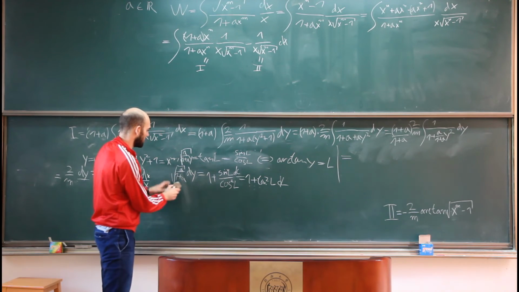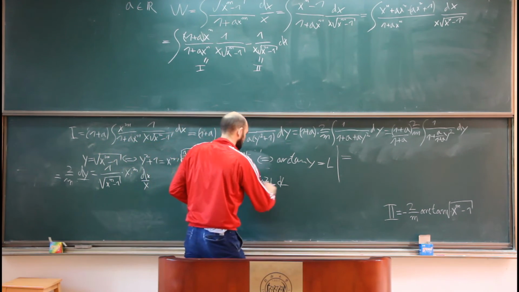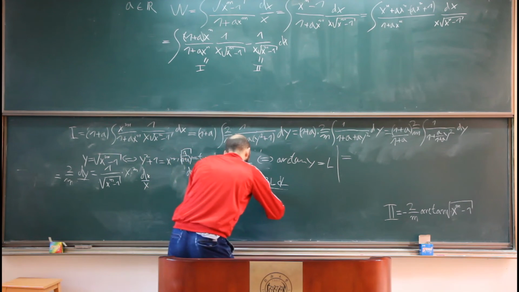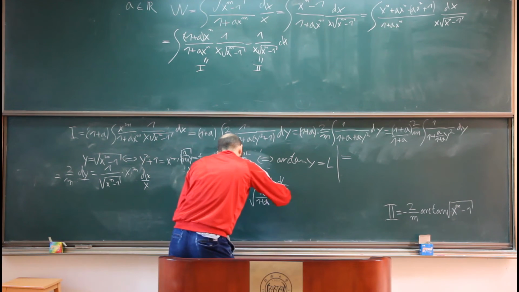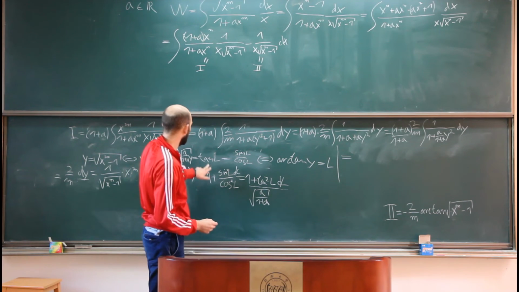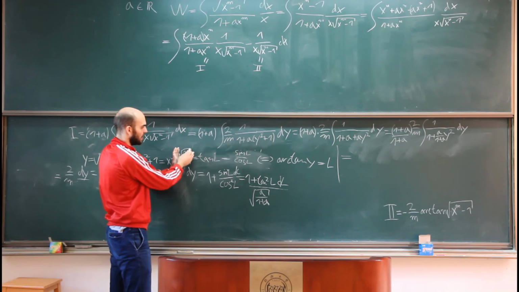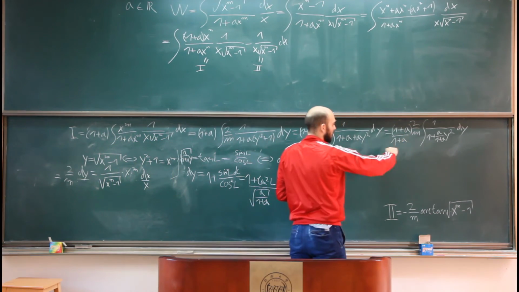So instead of writing this here, it's easier to plug it in as just dividing it by 1 plus a, the square root. So it's a little bit easier, and I'm gonna substitute this term, because it's squared, it's going to be exactly the same as here. So let me write it down.